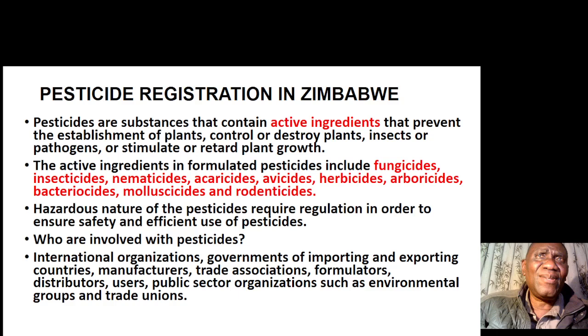Probably let us look at who is actually involved in the pesticide business. It could be international organizations. It includes governments of importing and exporting countries. Government has to take a role.